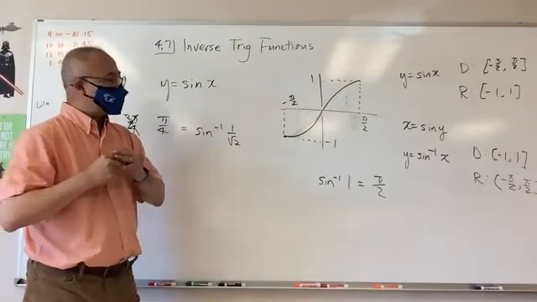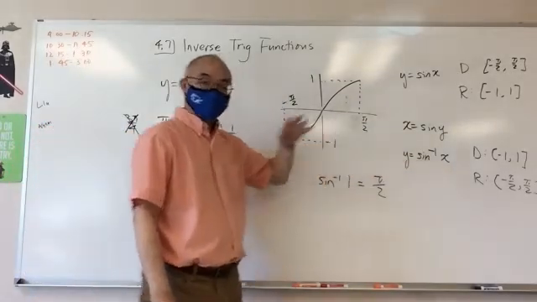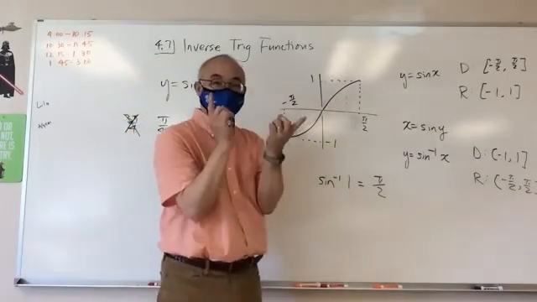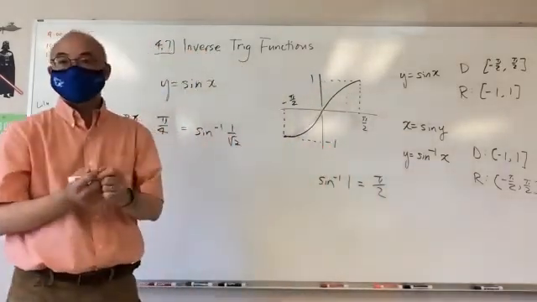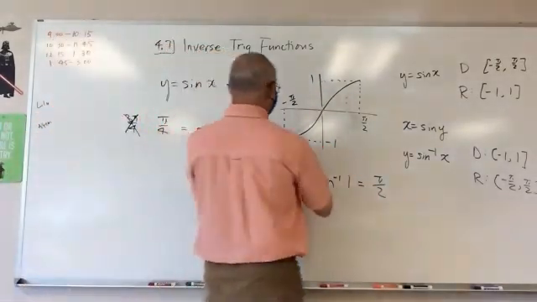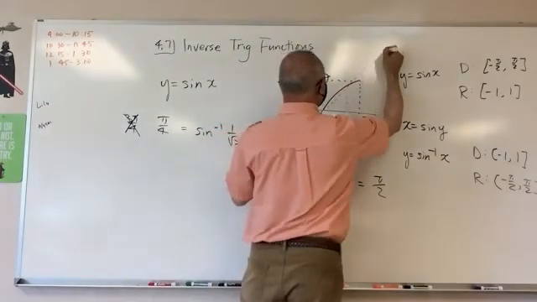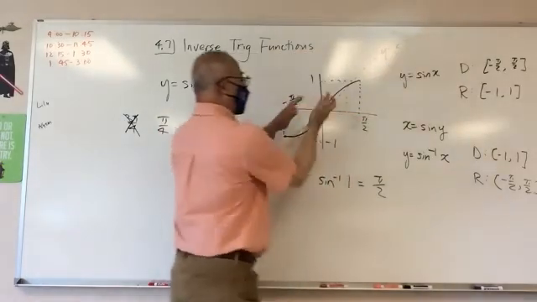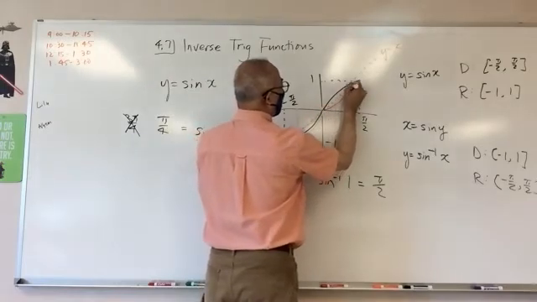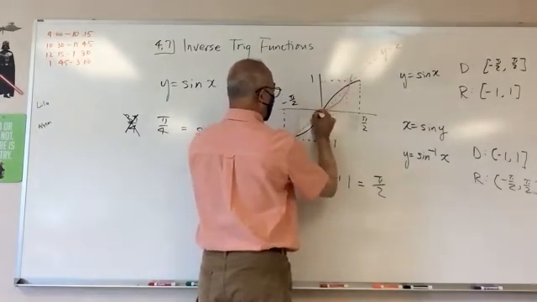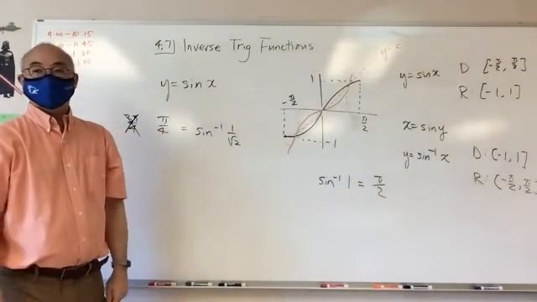Now since we are going to the arc sine, we're going to do the inverse function. Remember, we swapped the x and the y's, and the graphical way to do that was to reflect it across y is equal to x. So we're going to reflect this across this. It's going to look like that.